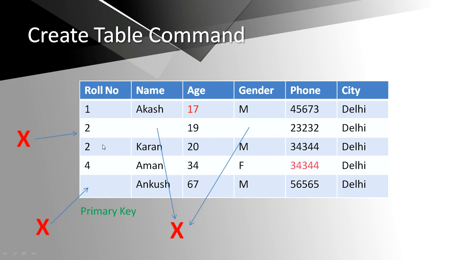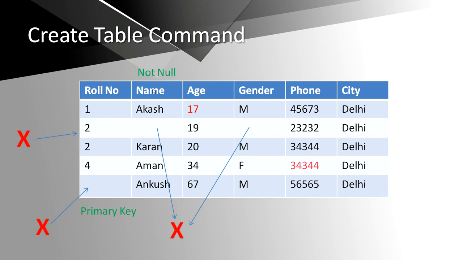In all tables, only one column can have a primary key constraint, whereas the other constraints can be multiple in one table. Primary key is applied on the column which uniquely identifies all the records in the table. So in our case, it is the roll number.